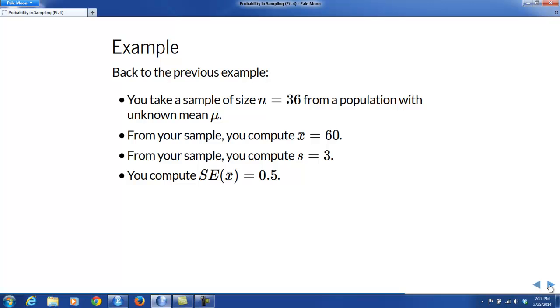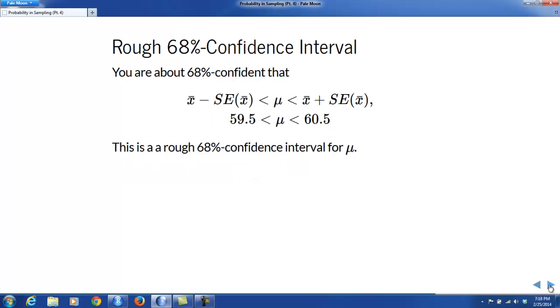Let's make some of these intervals. If we add and subtract one standard error to the x bar, then we get a rough 68% confidence interval for the population mean mu. We're about 68% confident that mu is bigger on the one hand than x bar minus a standard error, and less, on the other hand, than x bar plus a standard error.